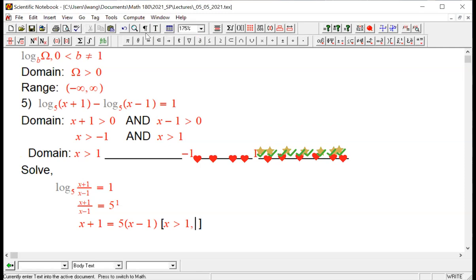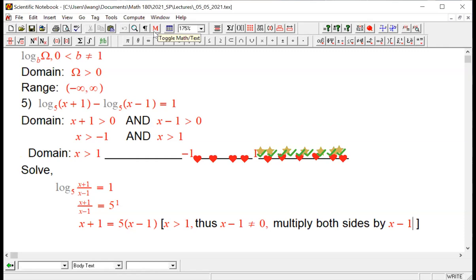Thus, x minus 1 is not equal to 0. Okay. And then we can multiply both sides by x minus 1.